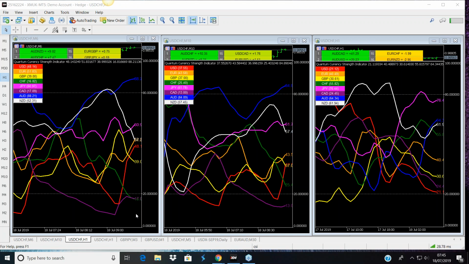So as traders, we are looking to buy low and sell high. In parallel to that, we also look at charts when they're in congestion, looking for a breakaway.